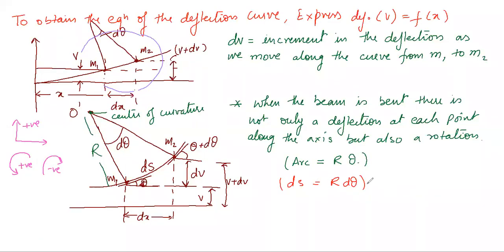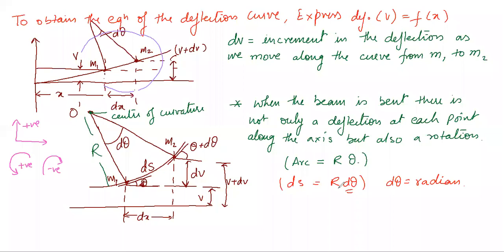But the important point to remember is that d theta should be in radian. That is one of the most important pieces of information, that d theta has to be in radian, because ds is always in this condition, right? And what is ds? ds is the distance between m1 to m2.